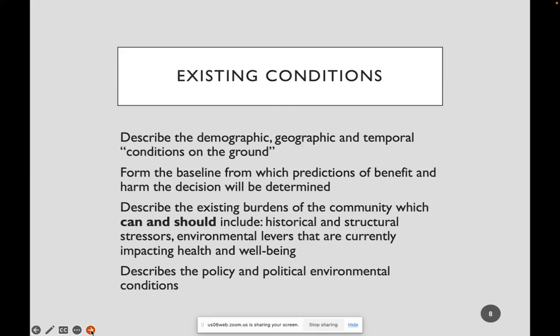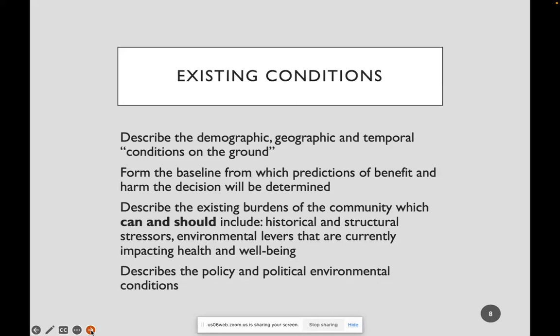So what does it look like before the decision? And then from these baseline characteristics, you can make your predictions of benefit and harm, and to whom benefit and harm will accrue, right?